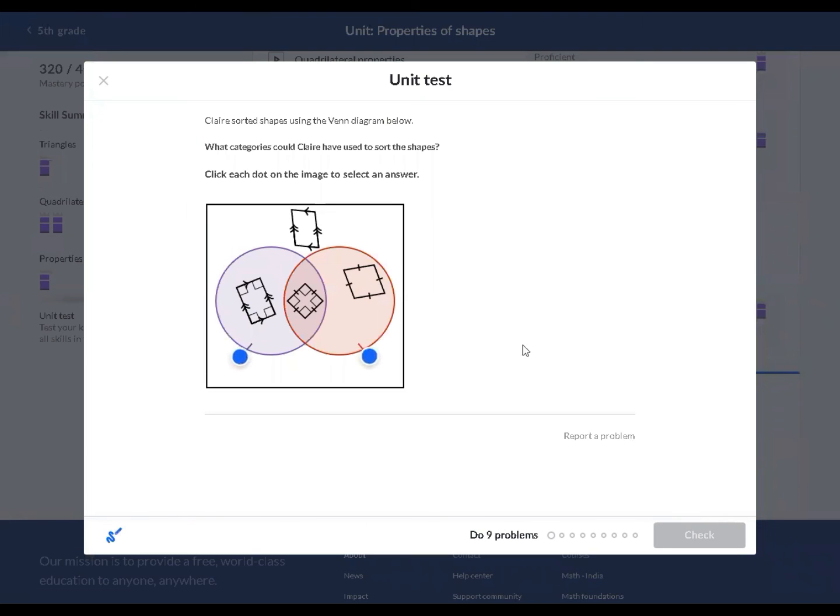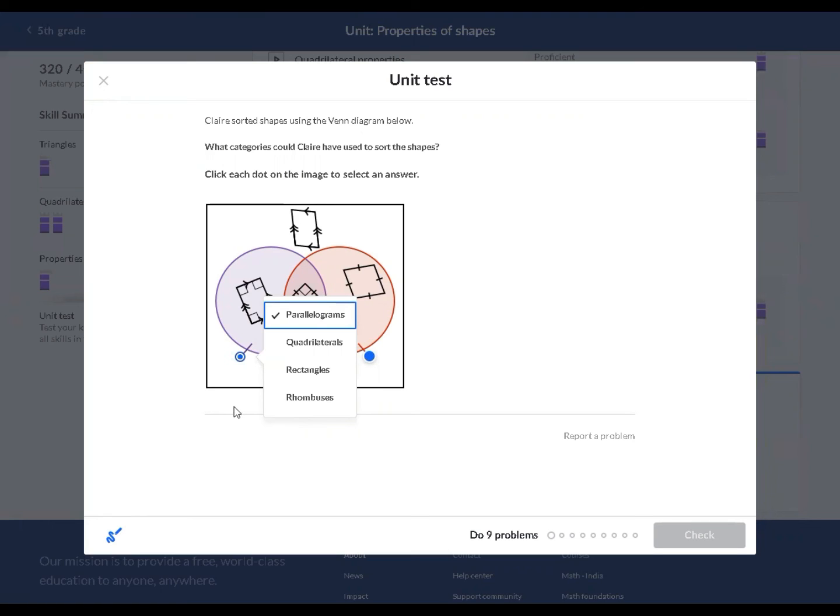9 questions. Okay, so we have a Venn diagram here, and we have to write in this circle which type of shapes are there. So I'm guessing that we have squares in it, parallelograms, rectangles. Yeah, I guess parallelograms.